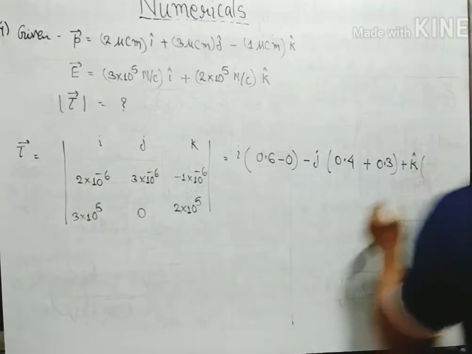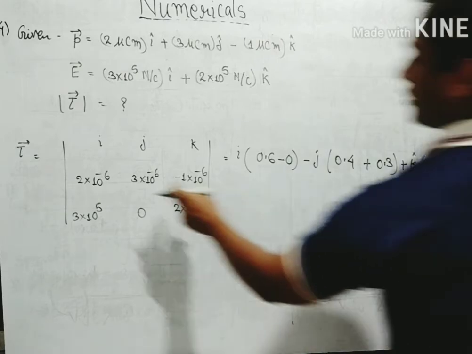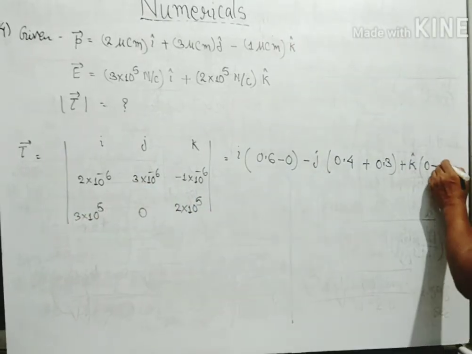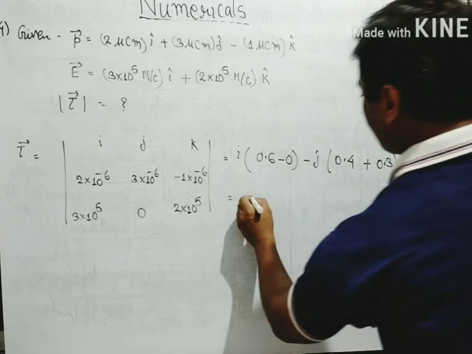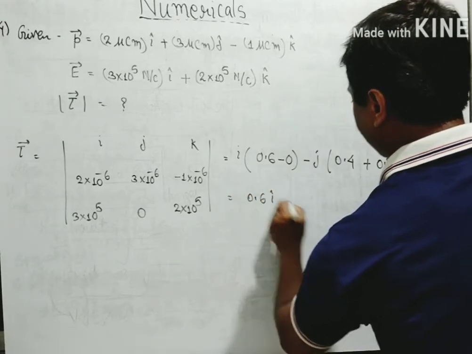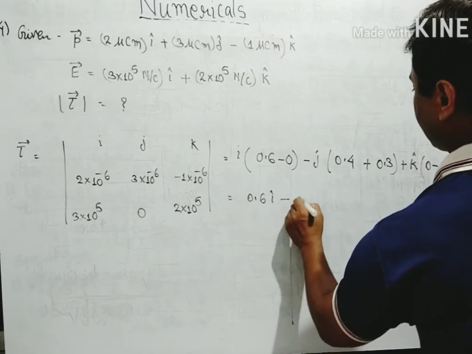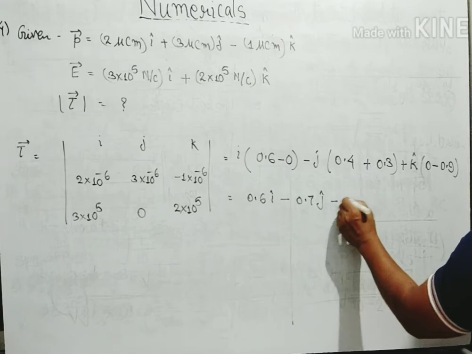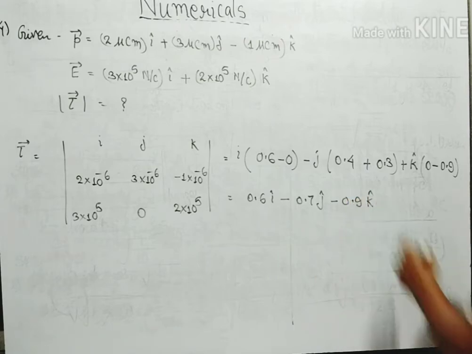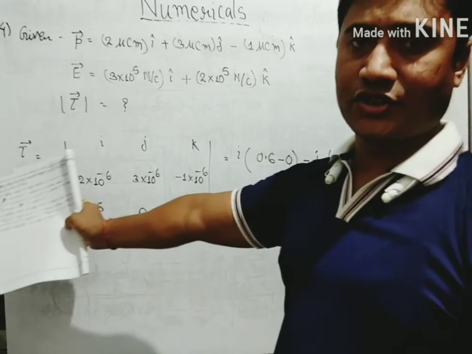Now it is 0 minus 3 threes are 9, so this is 0.9. So we now have 0.6 i cap minus 0.7 j cap minus 0.9 k cap as vector tau.